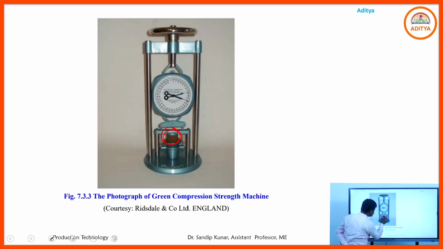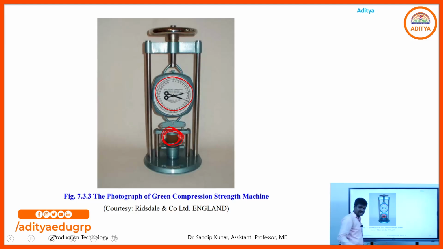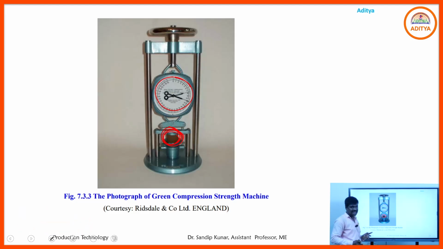After increasing the load, the specimen will crack. After the cracking in that specimen, at that time we note down the scale reading on the dial, meaning at which load it cracks or collapses. That reading on the scale is the compressive strength of the green sand.